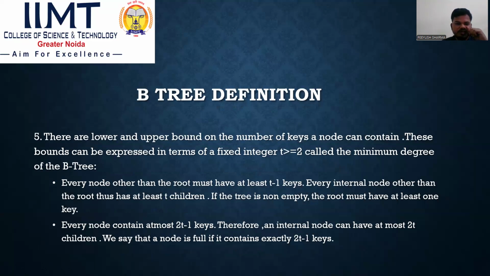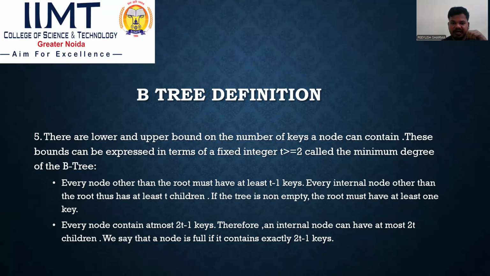Now the fifth property says there are lower and upper bounds on the number of keys a node can contain, right? So in a B-tree, every node contains keys, and there is a bound on the number of keys a particular node can hold.